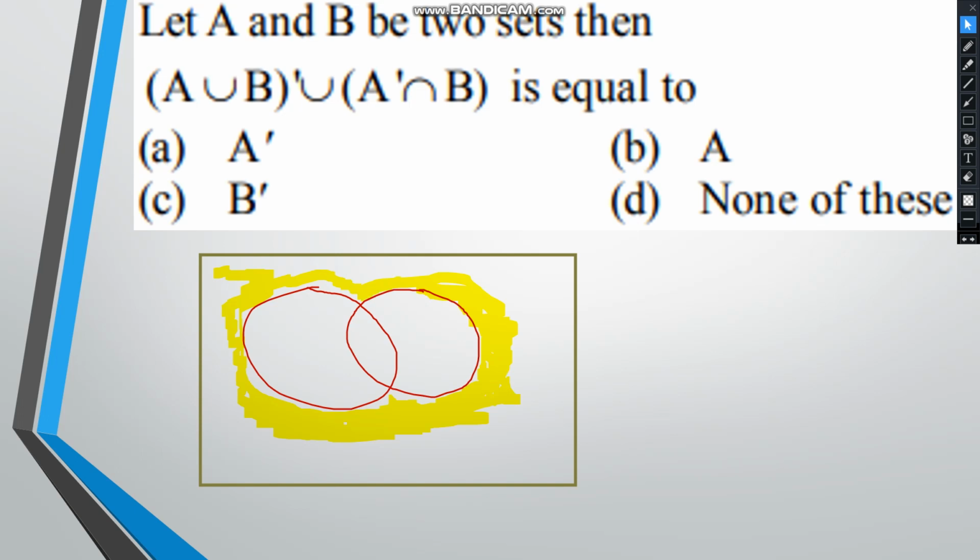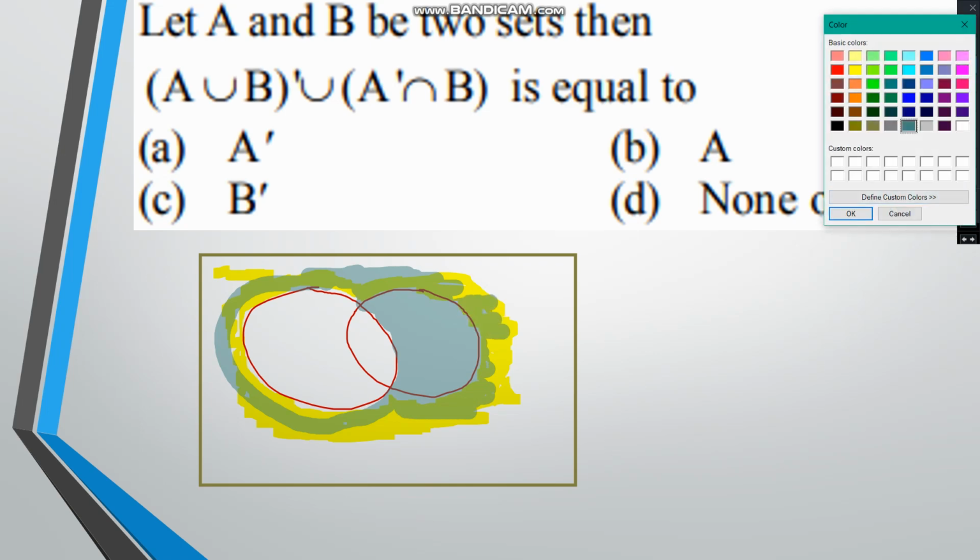Now we have to draw the A complement intersection B, right? First I am drawing the A complement. A complement will be this region, this entire portion, and B will be at this portion.